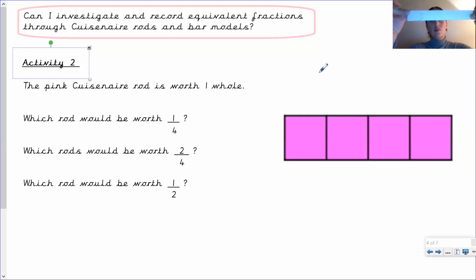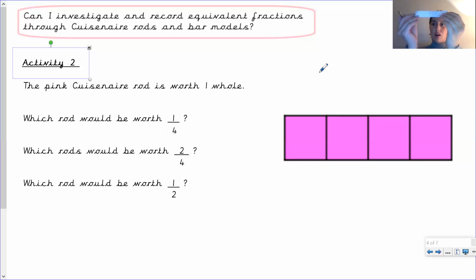Which rods would be worth 2/4? Well, this is 1/4. So 1/4, 2/4, we can also shade. Okay. Which rod would be worth 1/2? Well, if I was to fold my piece of paper into a half, what do you notice? I had previously shaded 2/4.